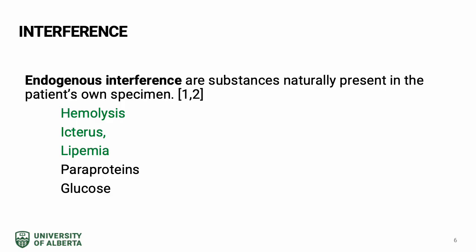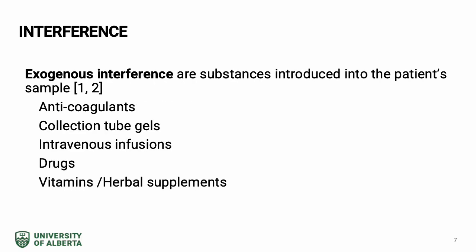Endogenous interferences are substances naturally present in the patient's own specimen, for example, hemolysis, icterus, lipemia, paraproteins, and glucose. Exogenous interferences are substances introduced into the patient's sample, for example, anticoagulants, collection tube gels, intravenous infusions, drugs, both recreational and therapeutic, vitamins, and herbal supplements.